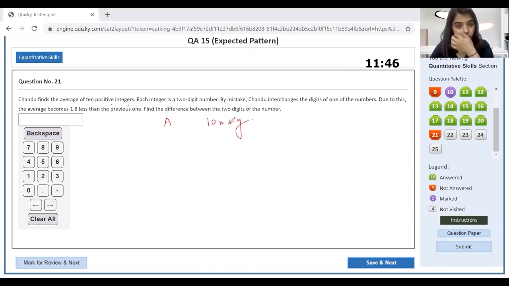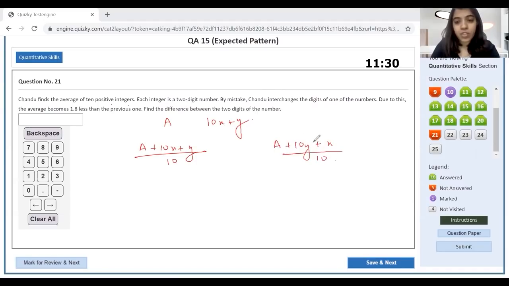This is what you do when it's a 2-digit number, right? So if it's 10x plus y, what they're telling us is the average is A plus 10x plus y divided by 10. And then when he interchanged, what was the average? A plus 10y plus x by 10. This was the new average. The average becomes 1.8 less than the previous one. So this minus 1.8 will give us our new average.